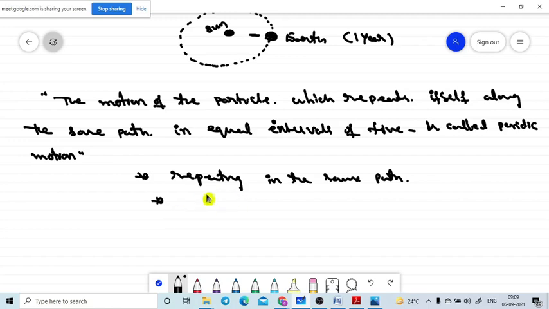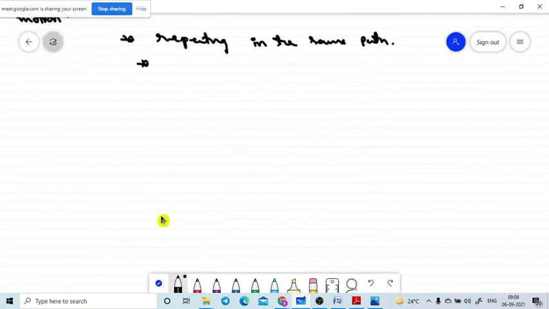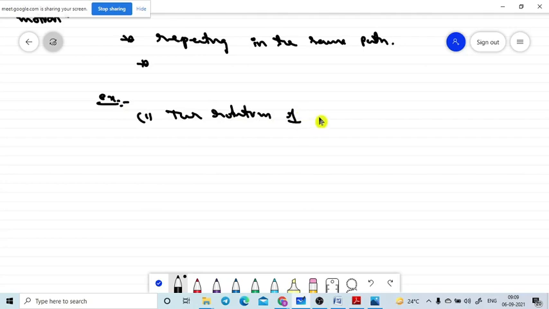Let me take some examples so we can easily understand periodic motion. The rotation of the earth around the sun is a very easy introduction. Next, the vibration of a stretched string.